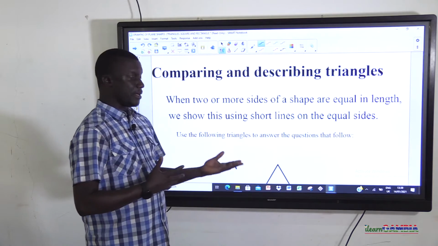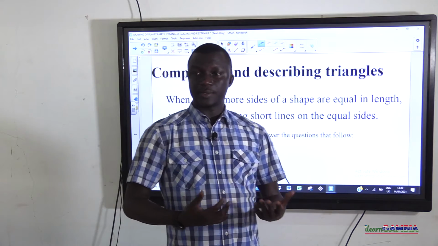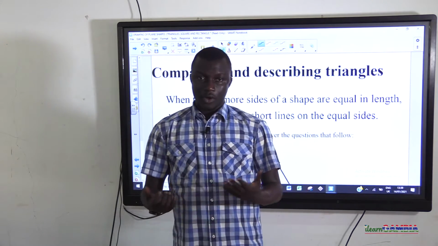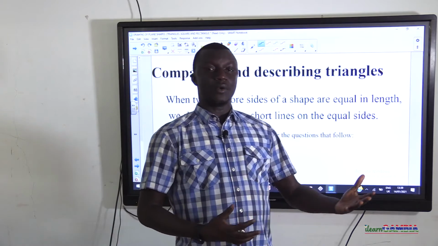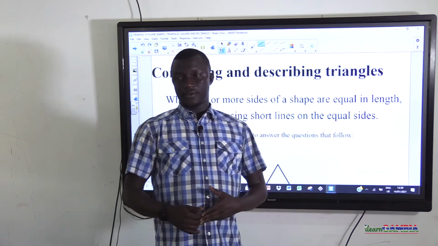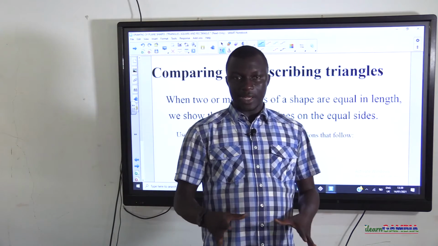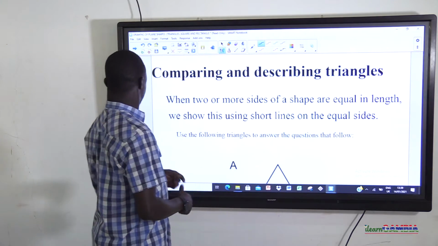Comparing and describing triangles now. Now we need to compare the various types of triangles. We already know their features. We can use these features to identify them and to compare them with other triangles, to establish their similarities and also indicate their differences as well.